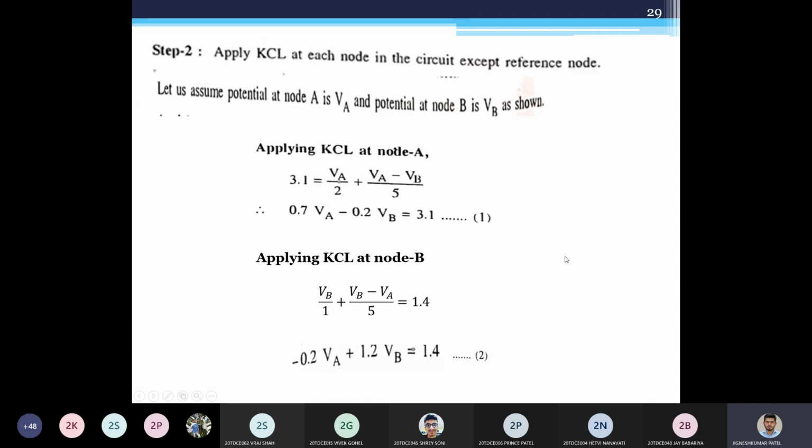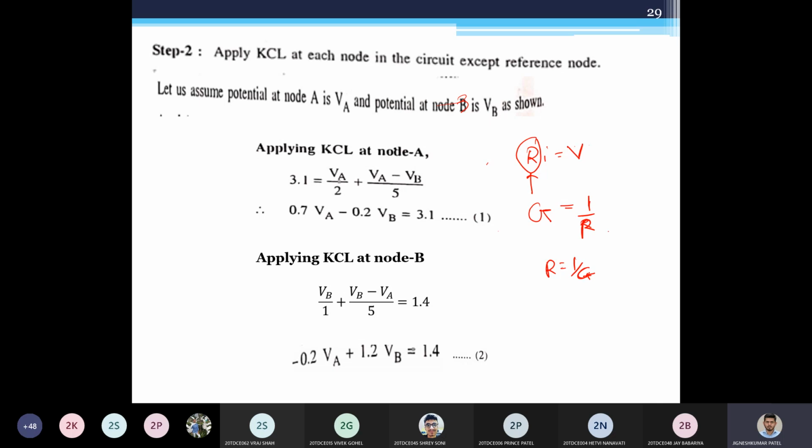Now as we have seen earlier, we were using Cramer's rule based on R, I, V. Here again we are going to apply Cramer's rule, but instead of resistance we are going with conductance, or you can say G. The relation between G and R is that G is equal to 1 by R, or R is equal to 1 by G. Whatever the resistance is, the opposite of resistance is conductance.